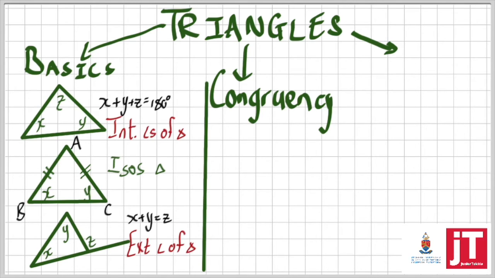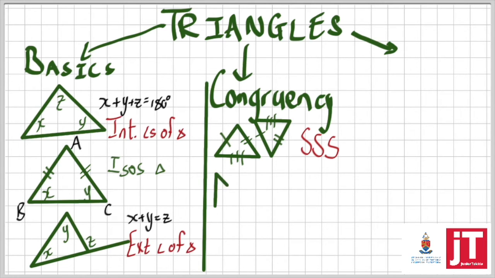But there are 4 basic ways of proving congruency in triangles. The first one is when I've got 3 pairs of sides that are equal, and we say side, side, side. Then, if I've got a 90 degrees, that means a right angle, a pair of hypotenuses that are equal, and another side that's equal, that's RHS.